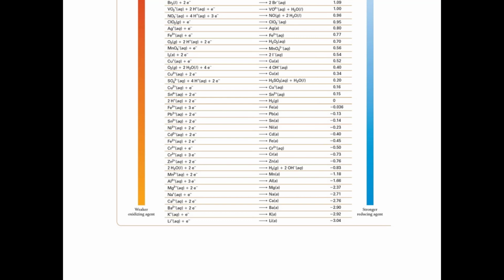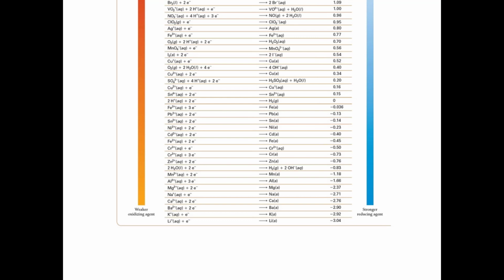In order for this reaction to occur spontaneously, something above it would have to be reduced, and something below magnesium 2 positive would have to want to be oxidized.